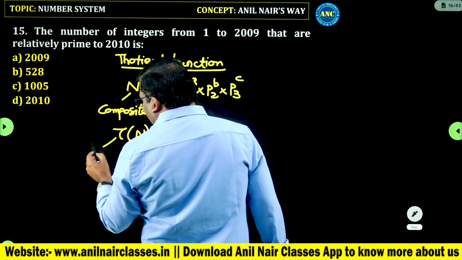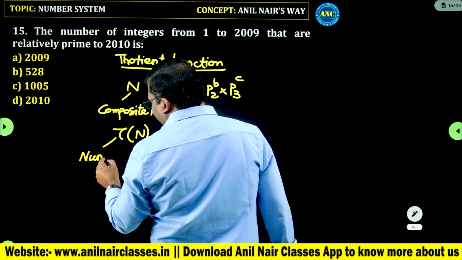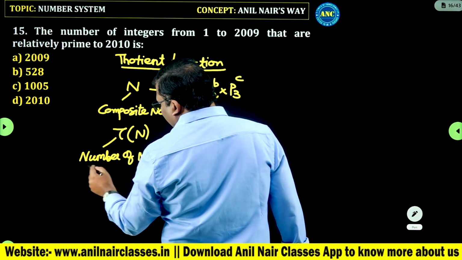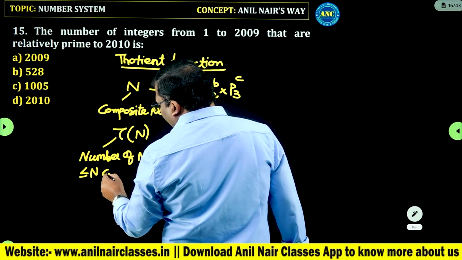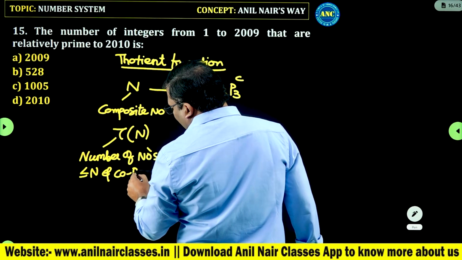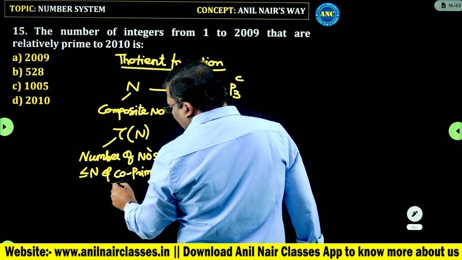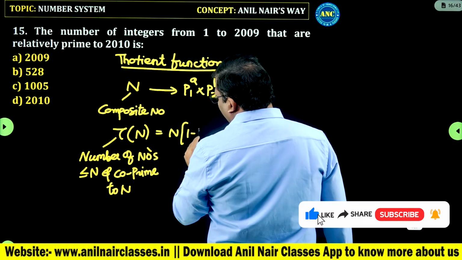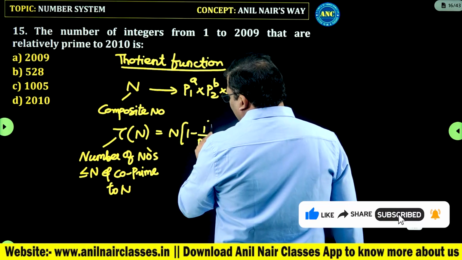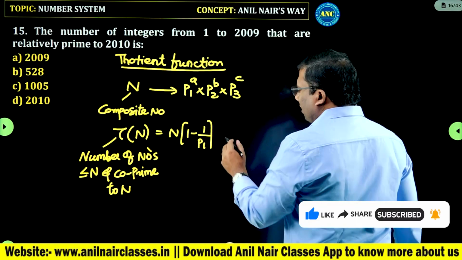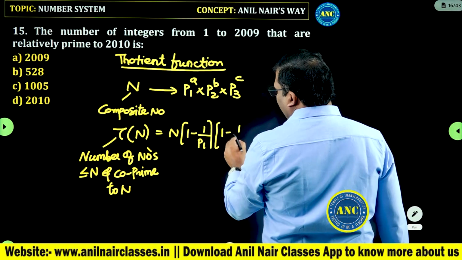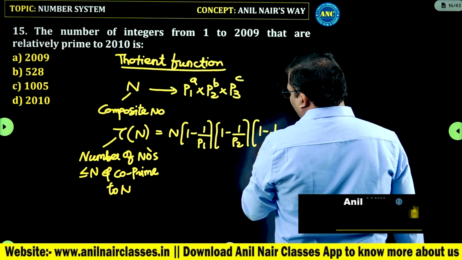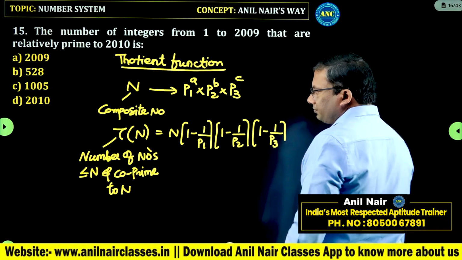Tau of n means number of numbers less than or equal to n and co-prime to n. It is given by n into 1 minus 1 by P1, 1 minus 1 by P2, 1 minus 1 by P3.